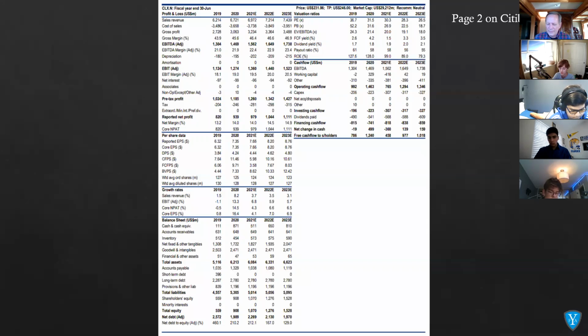Another critical metric on here is the next one, PB, which is price to book value. When we look back at the balance sheet, you'll remember that the net equity of the company was $908 million at the end of 2021.